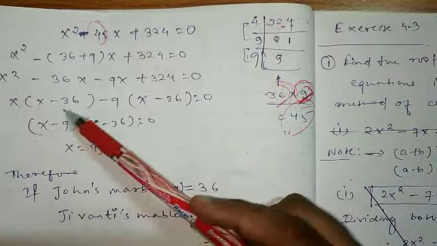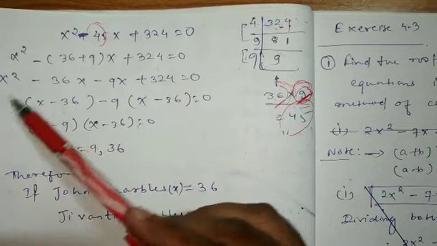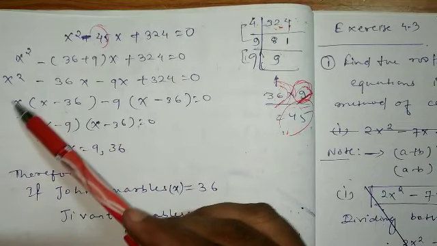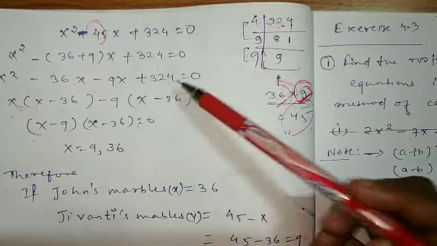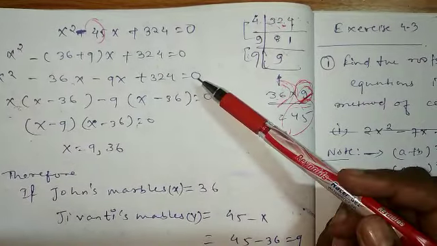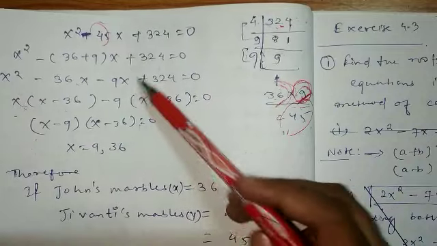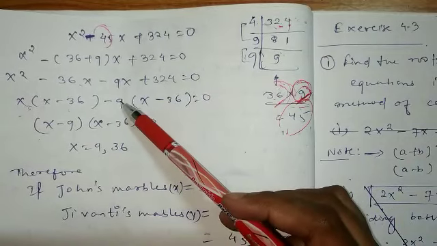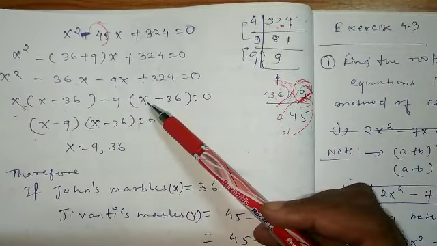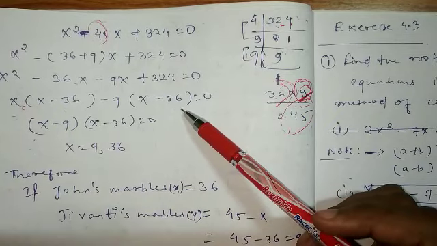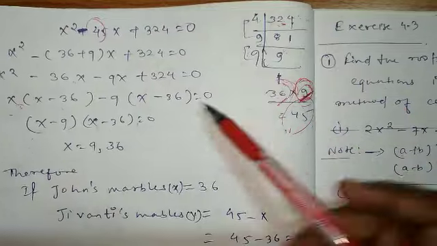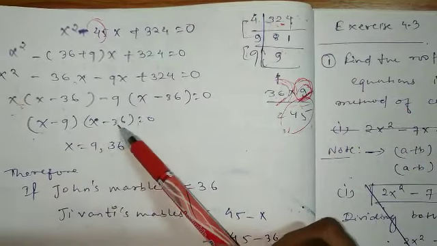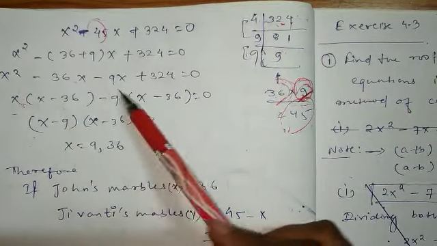You take x common from these two terms, so this is x minus 36. This is 9 and this is 324. After taking common, that is minus 9, it will be x minus 36. Be a little bit careful with the minus sign. And now we'll get the factors x minus 36 and x minus 9.